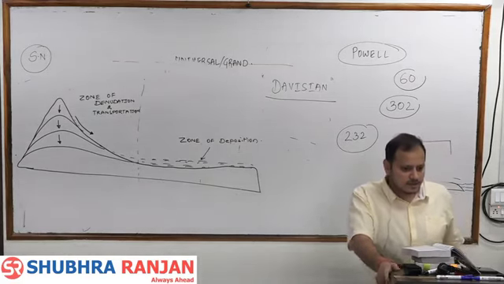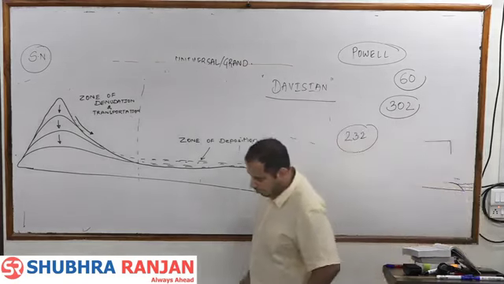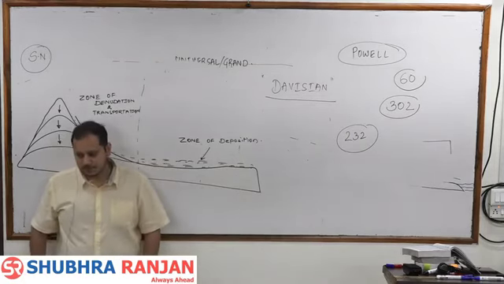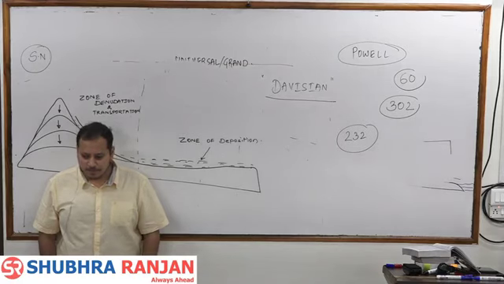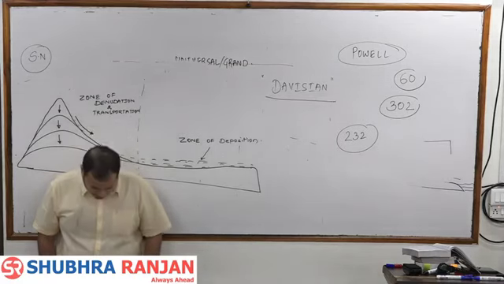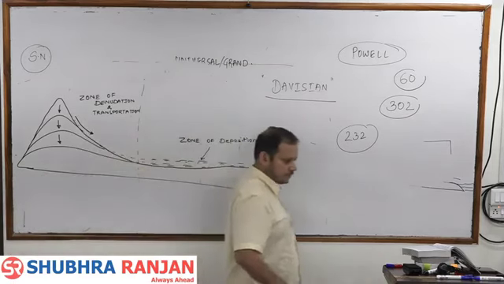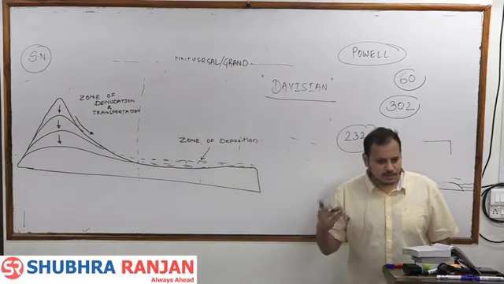Earth's crust has to be stable. Which is very far away from reality. Earth crust is never stable. वो हमेशा change होता रहता है.